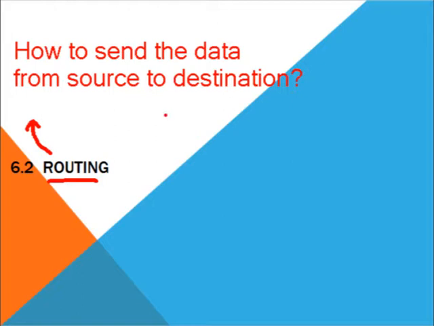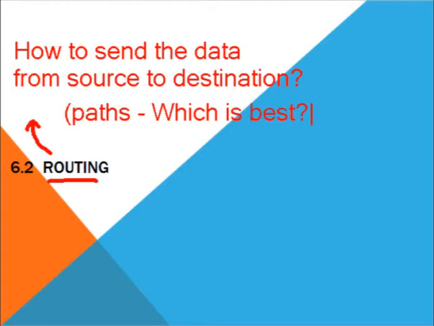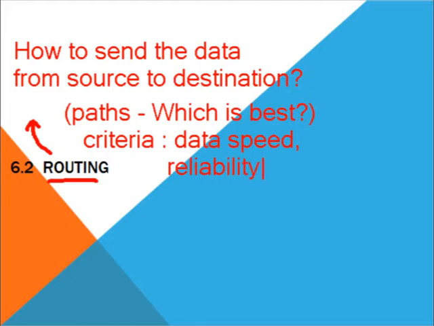It means that you have many different paths to reach the destination, but which is the best path to send? For the best path, you have different criteria to decide on, for example the data speed of the path, and you also consider other criteria such as the reliability of the path, and so on. So this is a generic overview of what we call routing.